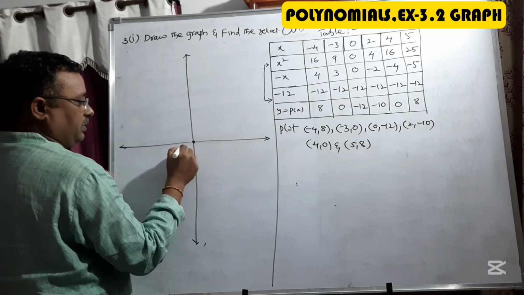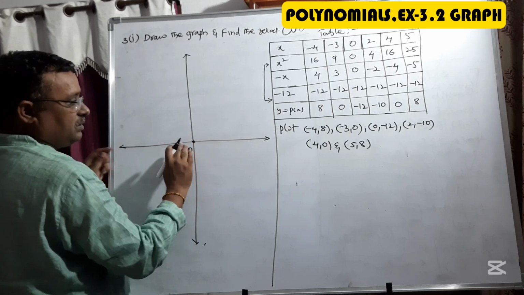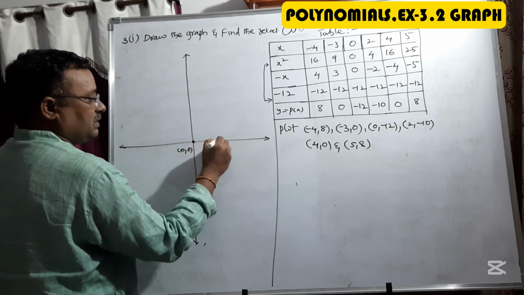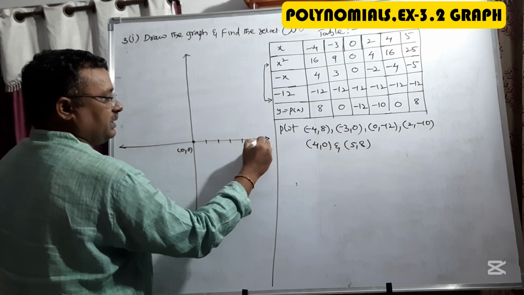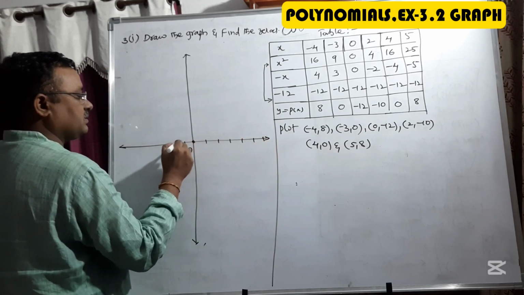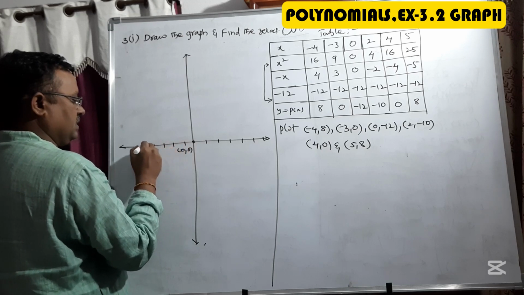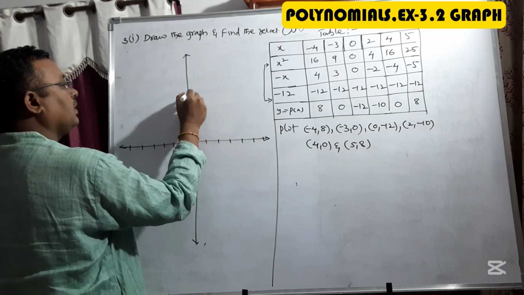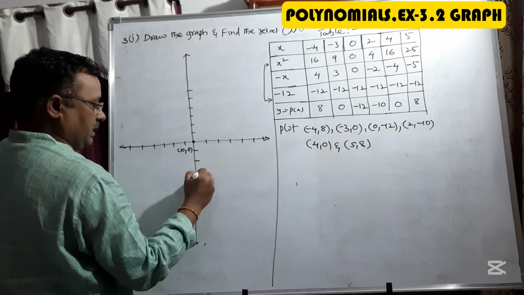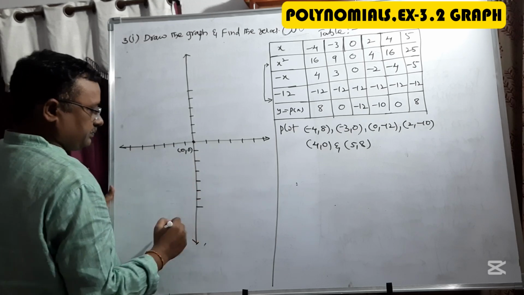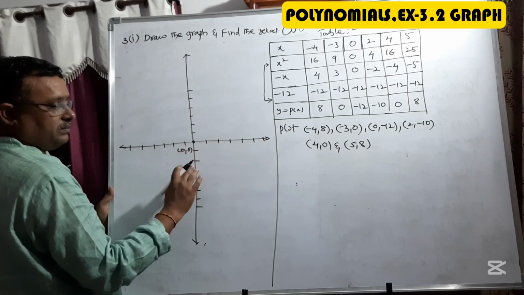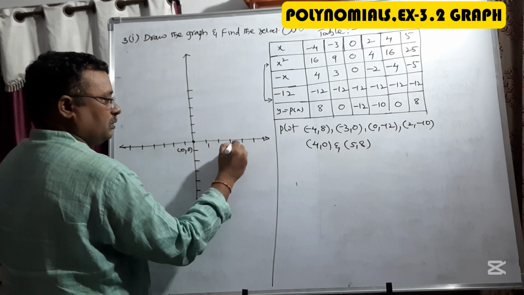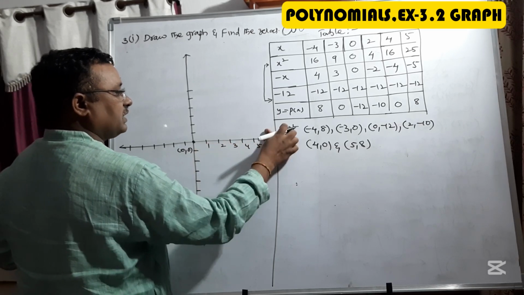Their intersecting point, that is the origin, is the main point to generate this Cartesian system. And as I told you before, the thick lines are separated by 1 centimeter. This side also, 1 centimeter from origin, thick lines will be there, with 1 centimeter gap. Now you mark them. Right side of the origin is the positive x axis, that's why these values are 1, 2, 3, 4, 5, 6 like this.